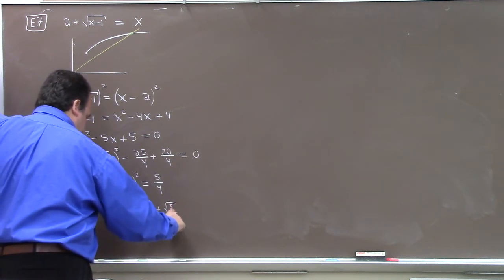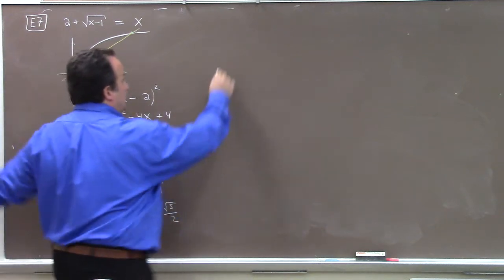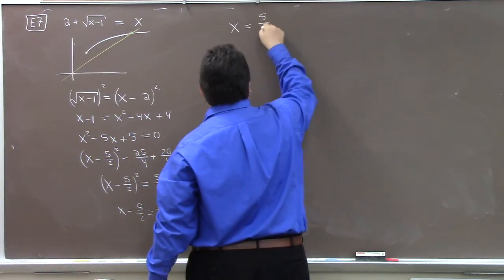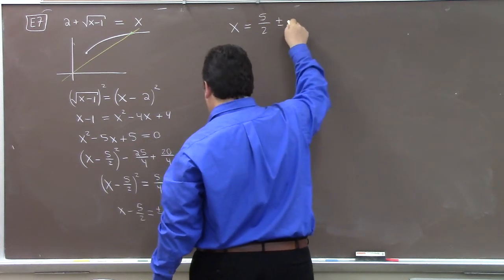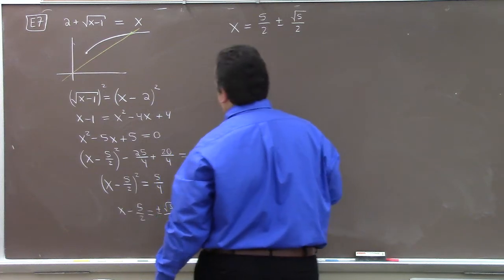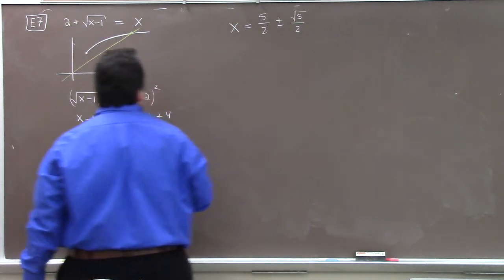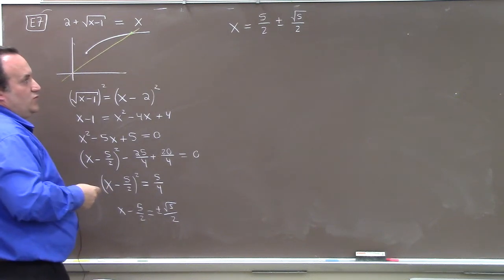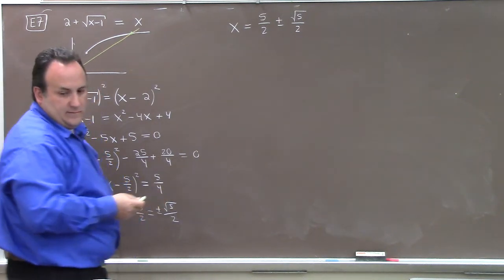That was supposed to be 5 over 2. So I get x equals 5 halves plus or minus the square root of 5 over 2. So what is the square root of 5?